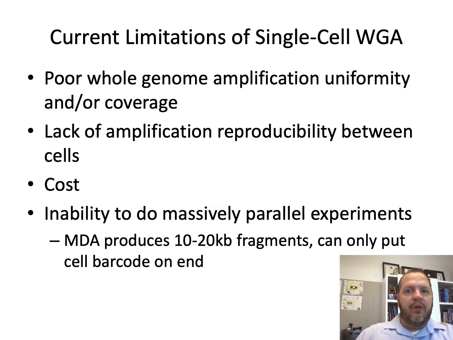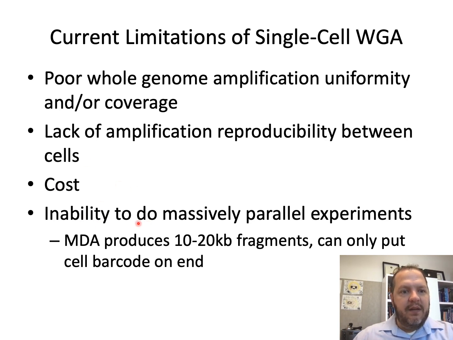And in general, and I'll go into a little more background on all the genome amplification technologies, they all suffer from poor genome amplification uniformity and coverage, and a lack of reproducibility, leading people to select a subset of cells that look good. This all leads to increased cost.